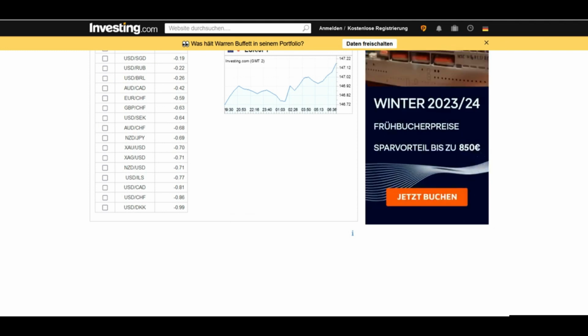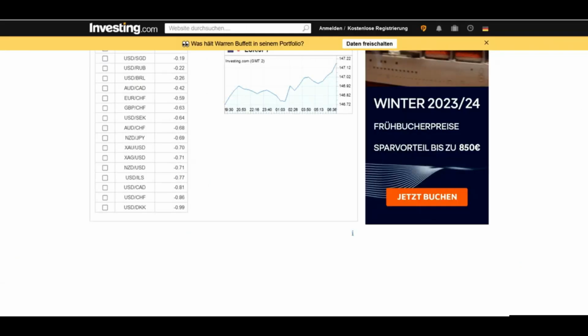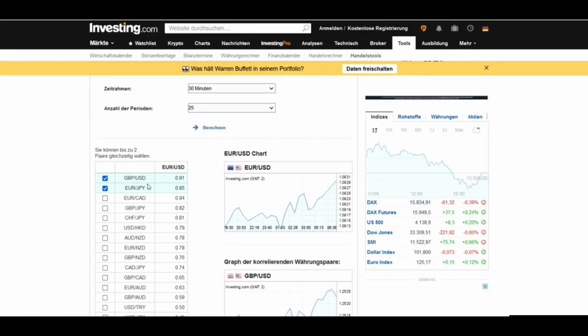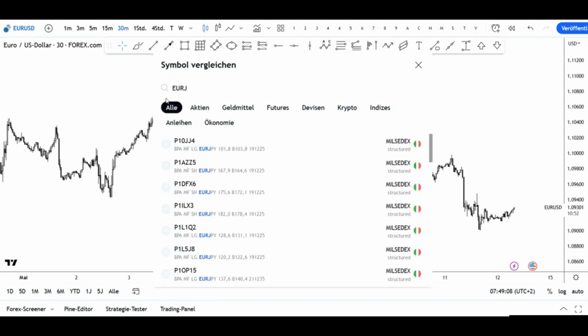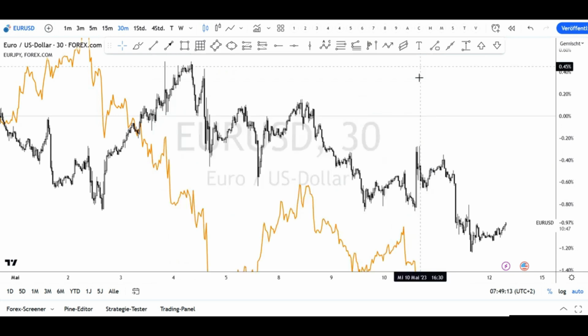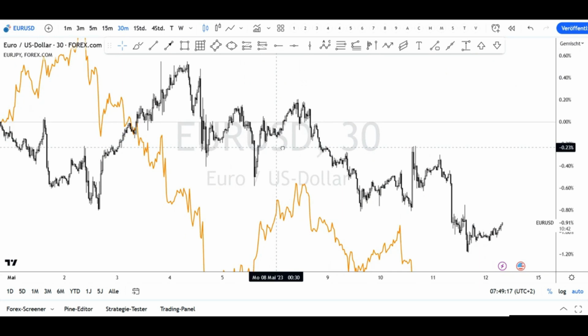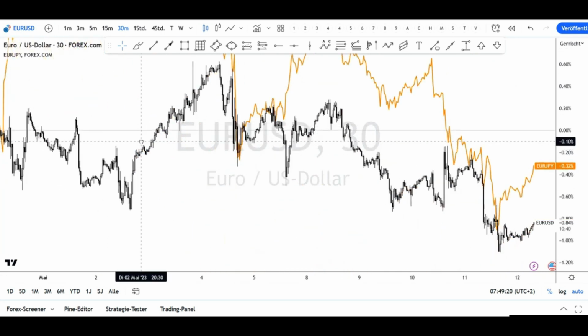How does that look on a chart now? We have EUR USD open here in the M30 time frame, and you have the compare symbol up here. That means you would enter here, for example, the Euro JPY, our Japanese yen. Let's add this, and you can clearly see that it's following the movement of the chart here.